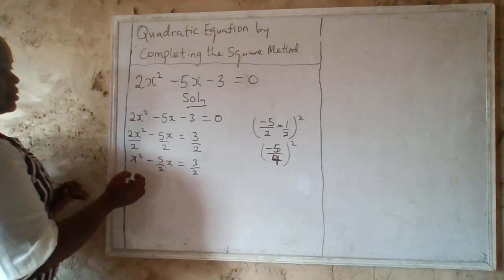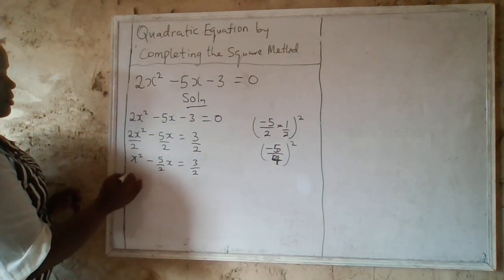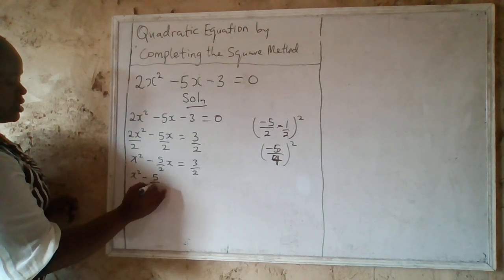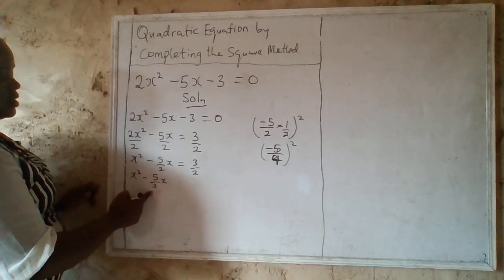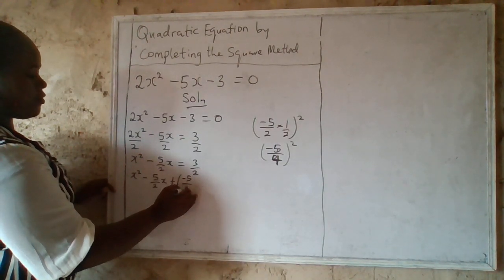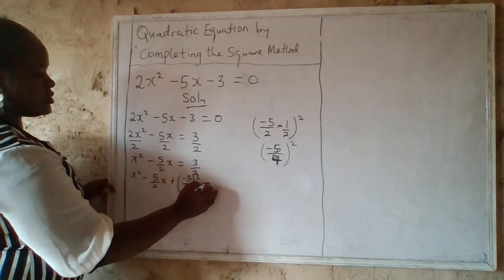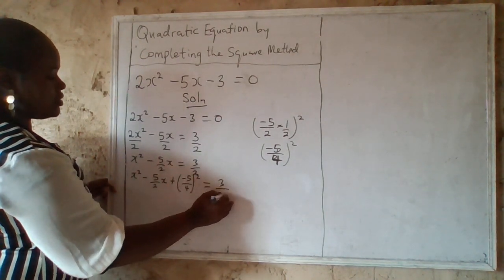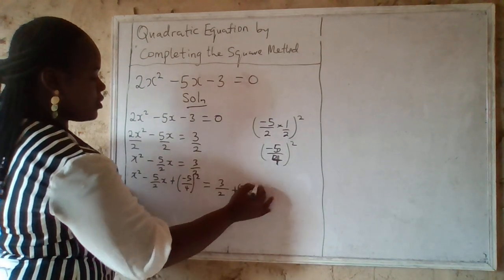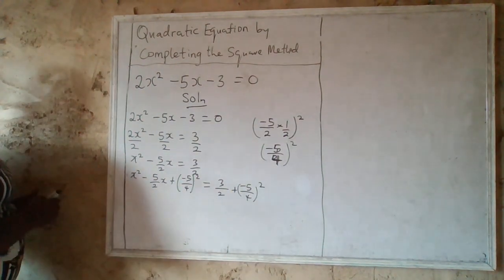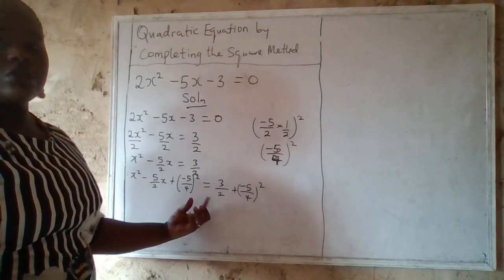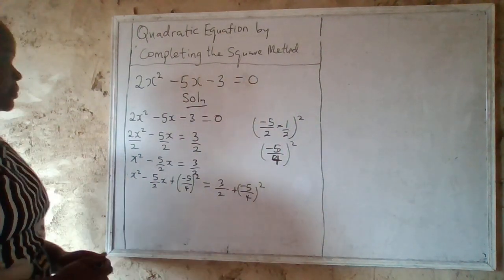So I am having x squared minus 5 over 2x plus minus 5 over 4 all squared. I'm going to be adding it to both sides, so I'll be having this plus again minus 5 over 4 all squared. Now we are doing this because this is an equation. We need to add to both sides.